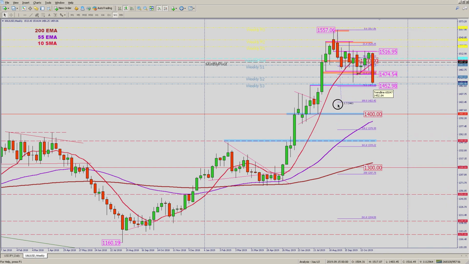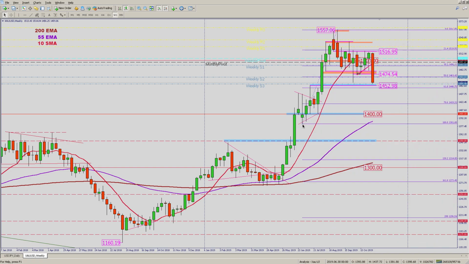Or we can also take it from the previous swing low at 1381.80, where the 62 fib retracement is around 1448. So this could be a strong support zone for the interim. If it does break down further, then it might target the 78.6 fib retracement level at the 1419 area.